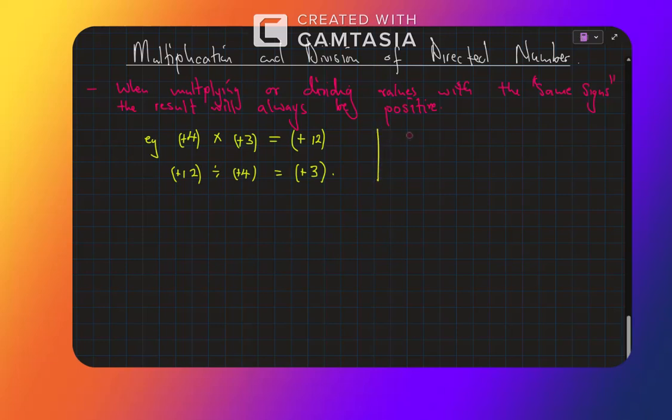Same applies even if they are negatives. If you have negative 4 times negative 3, they have the same sign, so the answer is going to be positive 12. If you divide negative 12 by negative 4, since they have the same signs, the answer is positive 3.